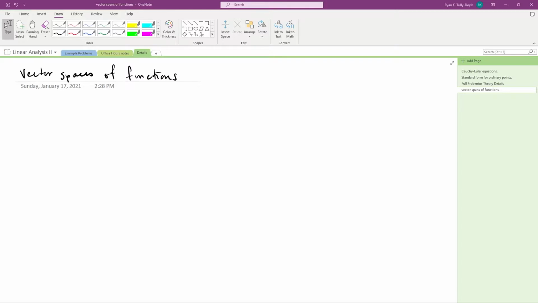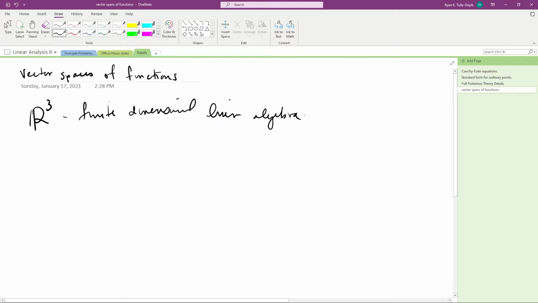So the first thing I want to talk about is R3. This is just regular old Euclidean finite dimensional linear algebra. Vectors in R3 look like (a, b, c), by which we mean a times the vector e1 plus b times the vector e2 plus c times the vector e3, where e1, e2, and e3 are called the standard basis vectors.